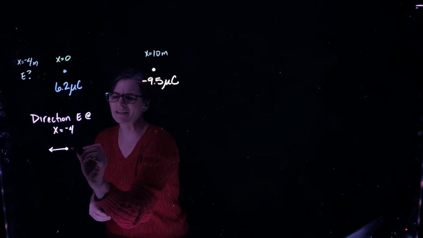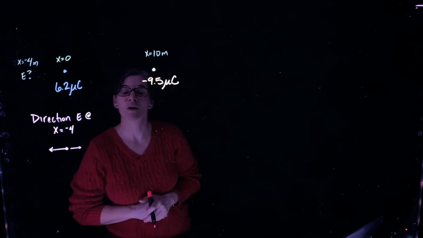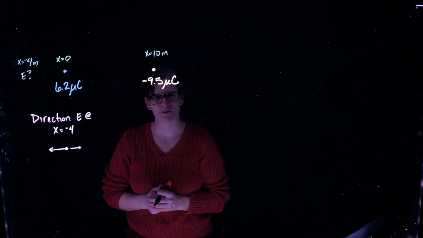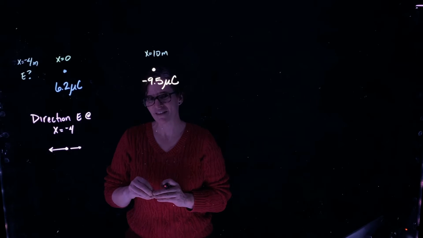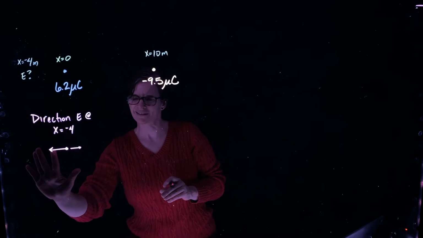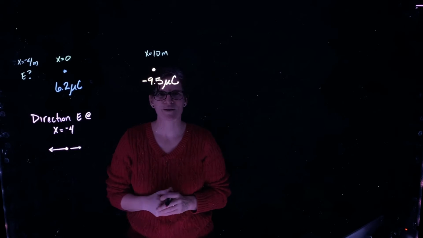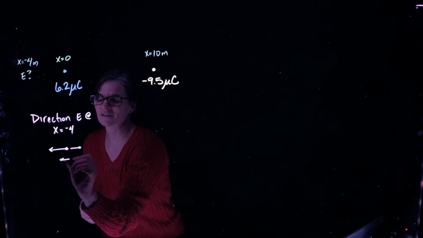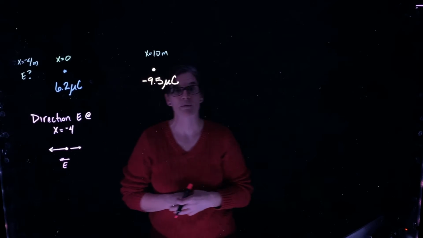So we may expect the electric field to be pointing to the right at negative 4, but probably of a smaller strength. So given that, I have a larger strength electric field to the left, and a smaller strength electric field to the right. So we may predict that my net electric field at that point will be pointing left.